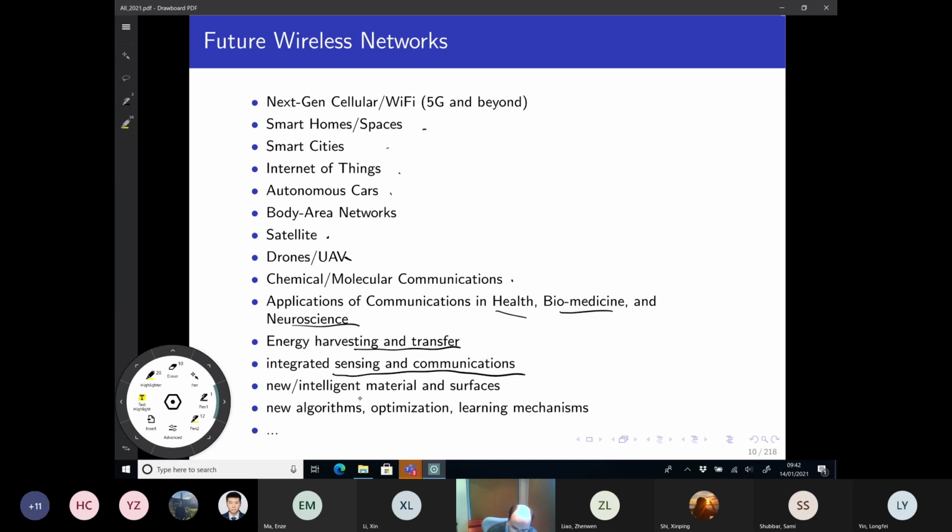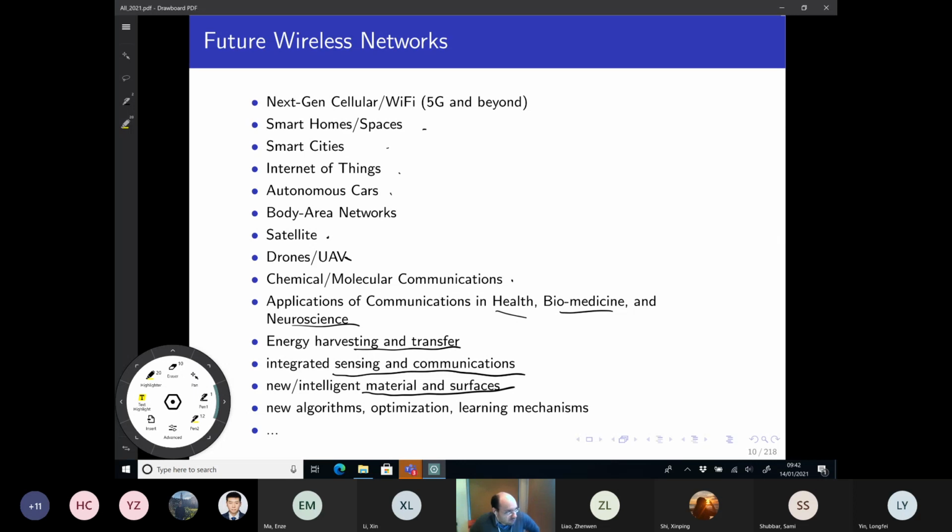Lots of work on new materials for future communication, new surfaces. How can you implement those many antennas, for instance, instead of having those base stations, those towers that you see with many antennas, how can you integrate them into buildings? And so you're going to have giant surfaces.